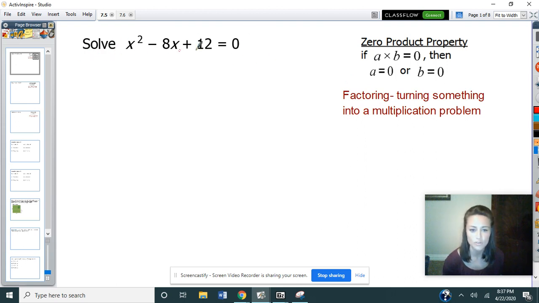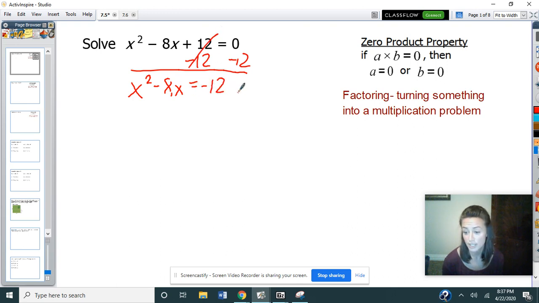So if I said solve this problem, you might think, okay, to solve this, I would have to subtract 12 from both sides, and I would get x squared minus 8x equals negative 12. You're trying to get x by itself, right? Well, what's the problem with this x and this x? Can these be combined?